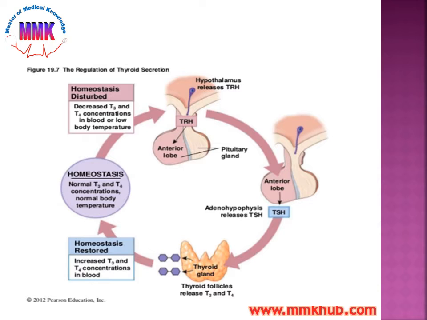When homeostasis is restored, the increased T3 and T4 concentration in the blood has an inhibitory effect on the thyrotropin releasing hormone and then on the thyroid stimulating hormone, causing a decrease in the production of thyroid hormone from the thyroid gland.